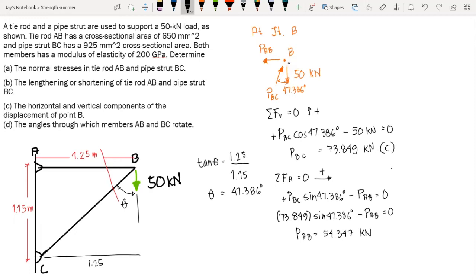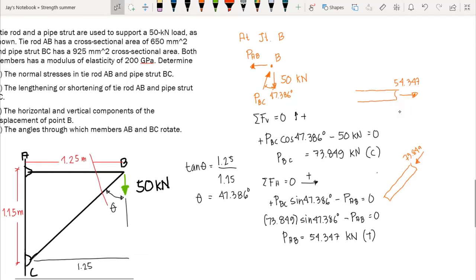And since our PAB here is positive, we have correct assumption, and since we assume that AB is in tension, this one is in tension. So if we isolate every member, we have member AB, which is 54.347 kilonewton, acting in tension, and BC, which is 73.849 kilonewton, acting in compression.